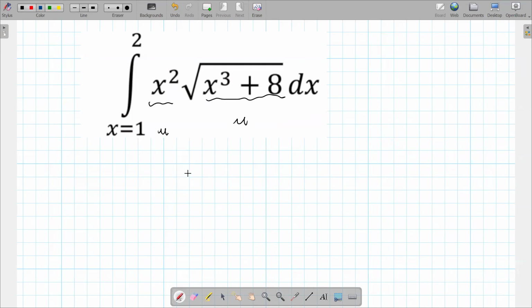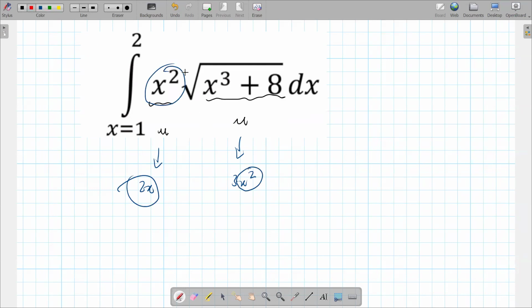Here's the trick. Whichever U you pick, if you take the derivative, like the derivative of here would be 2x, that doesn't really help me with x cubed. But now the derivative of this would be 3x squared. You see x squared, x squared.